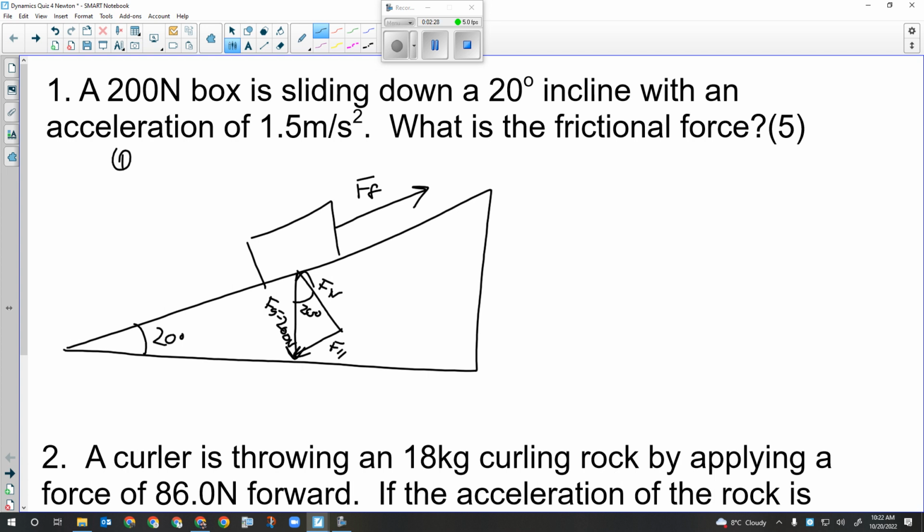One of the things I need to do right now is calculate the mass of the box. They told me the weight of the box, but to do this question I need the mass. So I use the force of gravity, which they told me, divided by the acceleration due to gravity to get the mass. That's 200 newtons divided by 9.81. They're going to get a mark for this step.